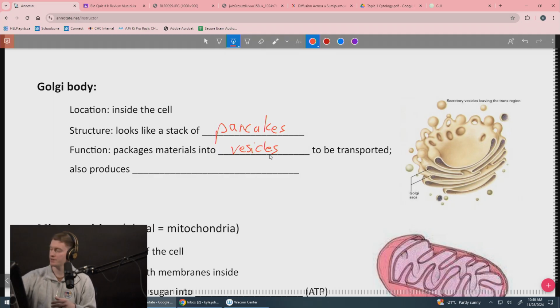I'm going to write here that to be transported out of the cell. The Golgi body will package up whatever you're trying to get rid of or to transport to a different cell in something called a vesicle and then transport it out of the cell. It is also going to be producing vacuoles and lysosomes.